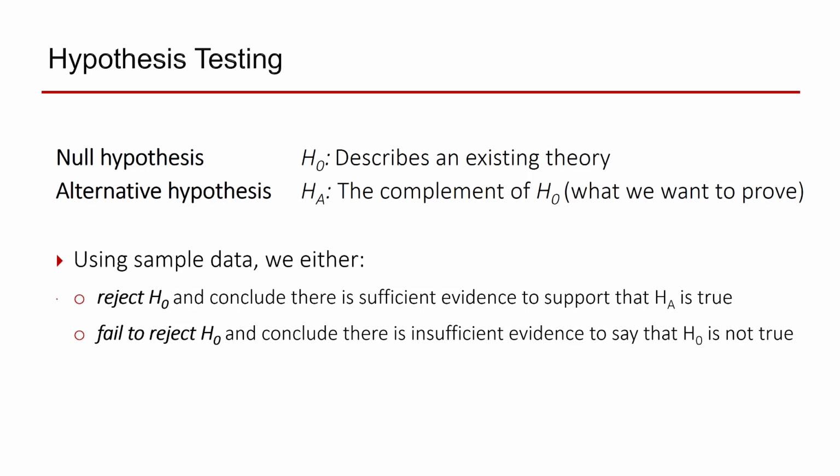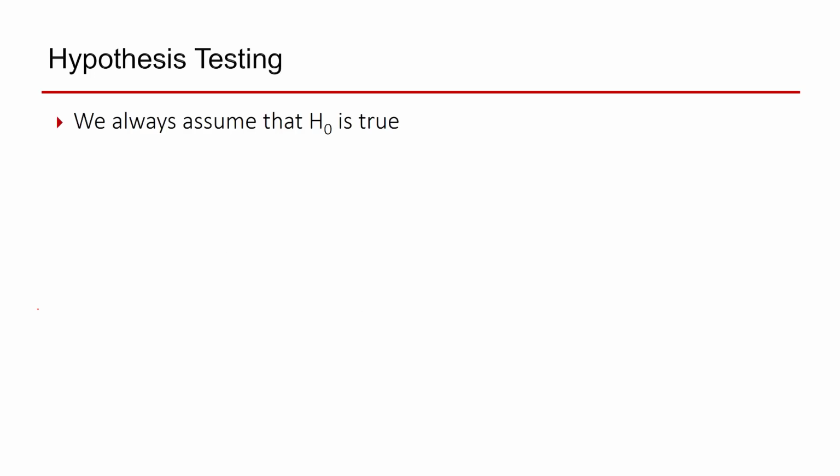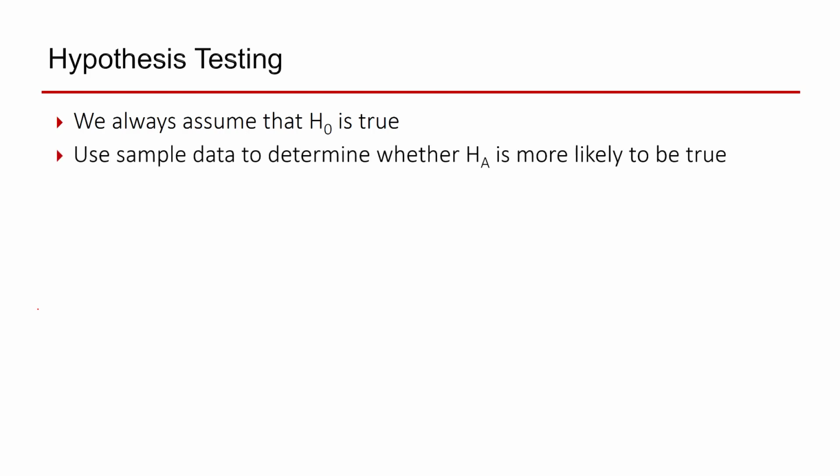So notice that those are the only 2 decisions that you can make in a hypothesis test. We always conduct our hypothesis test under the assumption that the null is true, just like in the legal system, innocent until proven guilty. It's what we're going to believe until we find evidence otherwise. So we're going to use the sample data to determine whether the alternative is more likely to be true.